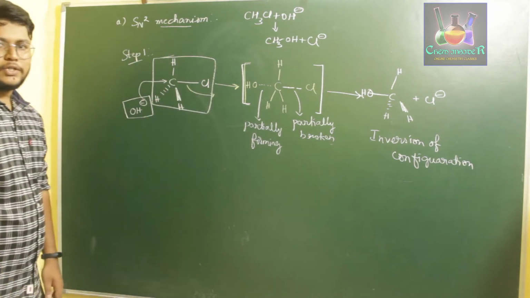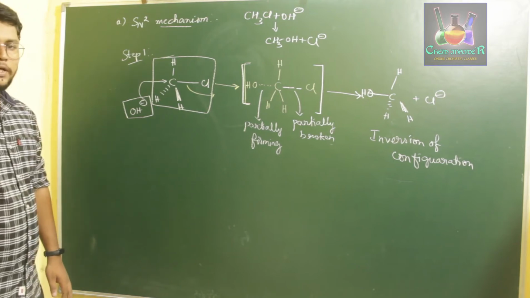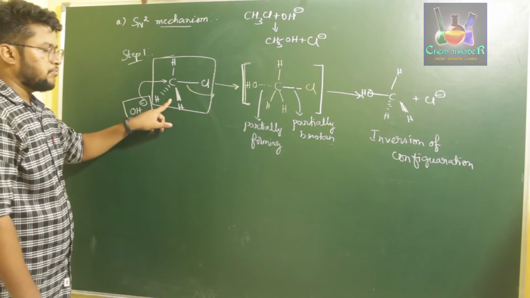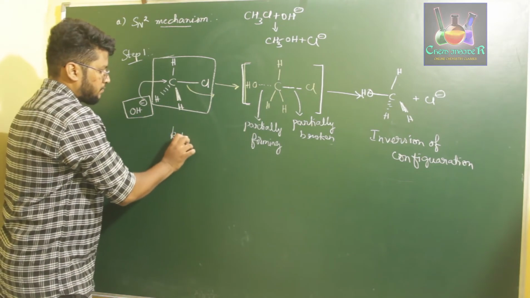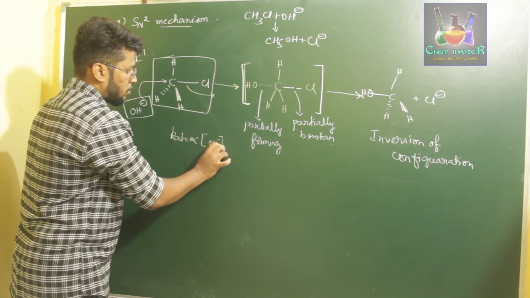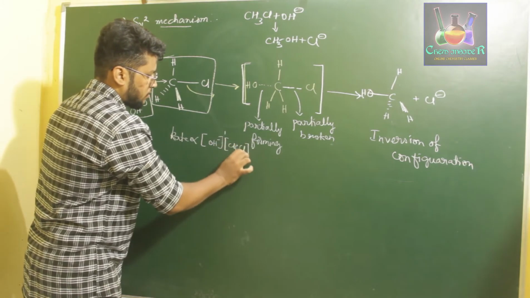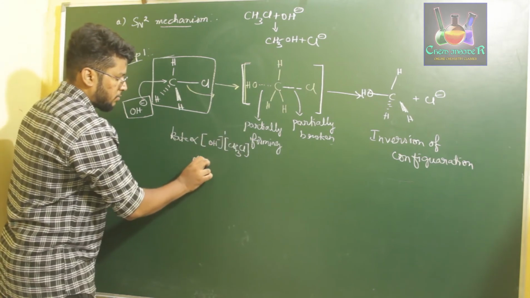The rate of the reaction depends on the concentration of the OH minus ion and also on the concentration of methyl chloride. So the rate of this reaction is proportional to the concentration of OH minus to the power 1 and the concentration of CH3Cl. If you add the powers of these two, that is nothing but 2.